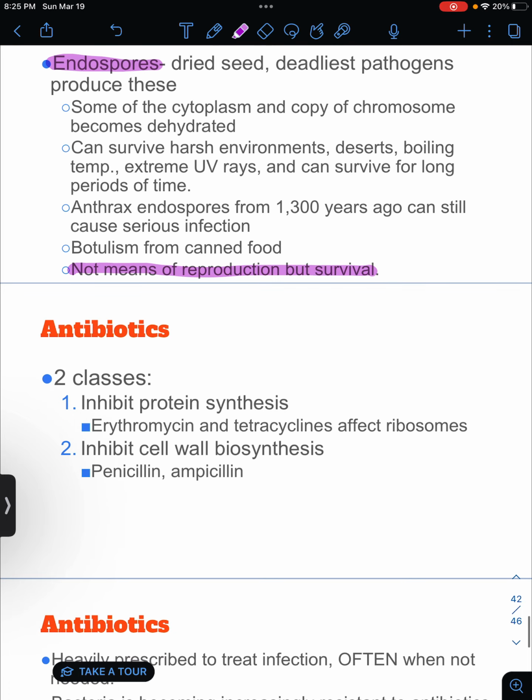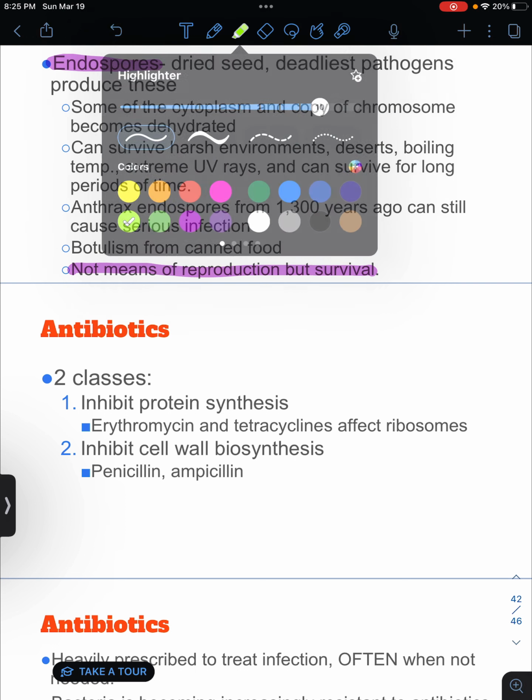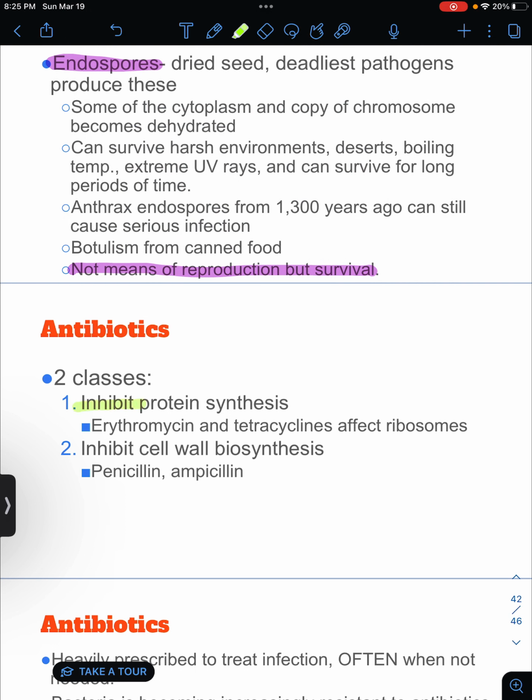All right, so antibiotics. There are two types of antibiotics. One type inhibits protein synthesis, like your ribosomes, things like that. The next one inhibits cell wall biosynthesis.